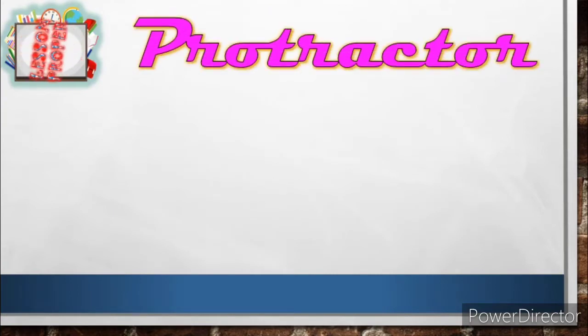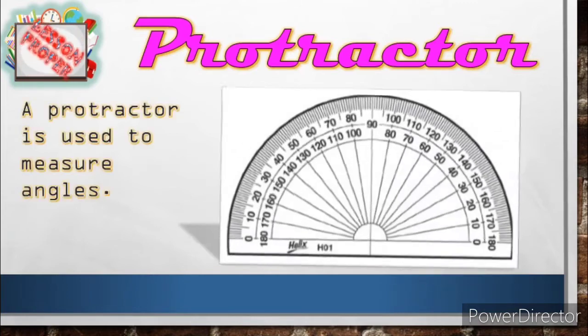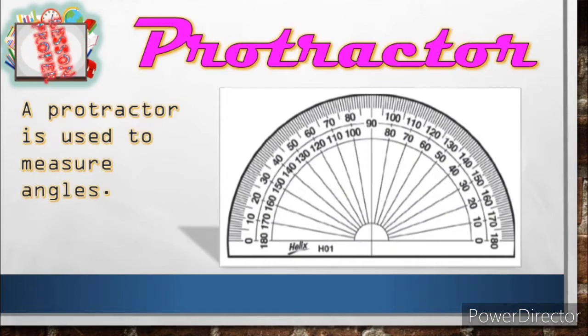This time we will tackle the protractor. Speaking of an angle, the question is, what material do we need to use in order to measure an angle? A protractor is used to measure angles. Again, what thing is used to measure an angle?